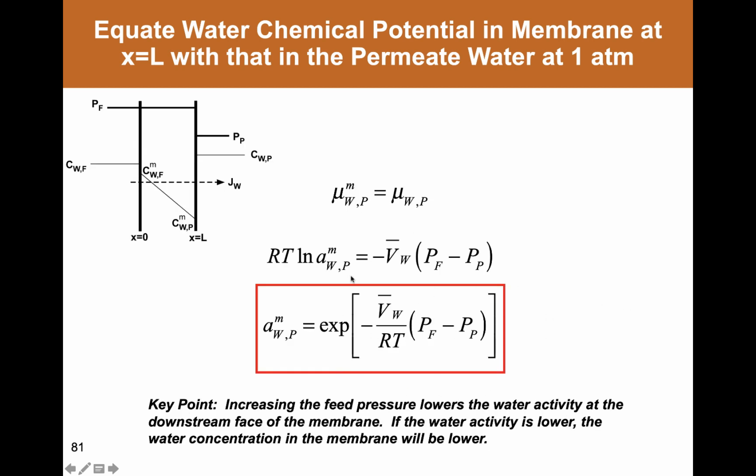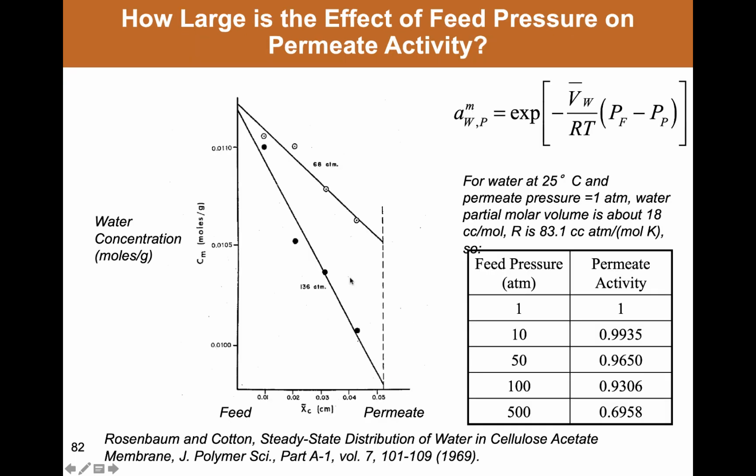Now, how important or how big is this effect? If we look at the case of Rosenbaum and Cotton, the partial molar volume of water is roughly equal to the molar volume of water, and that would be about 18 cc's per mole at ambient conditions. And so you can use this expression to predict how the thermodynamic activity of water will change as the feed pressure increases.